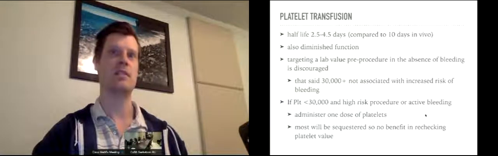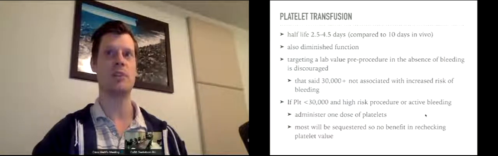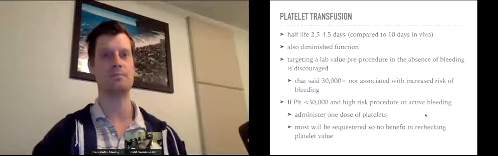As you would expect, consensus guidelines strongly discourage preoperative platelet transfusions strictly to achieve a given threshold. There is limited data for a safe minimum preoperative platelet count, but it's likely significantly lower than we think. Aggregately, there seems to be no increased procedural bleeding in patients with platelet counts greater than or equal to 30.